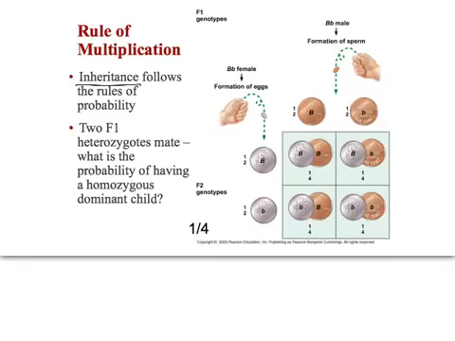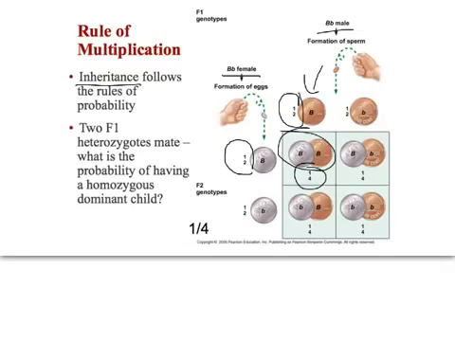If I have two parents and they're both heterozygous, so a heterozygous female and a heterozygous male, there is a 1/2 chance that the male will donate a big B, and there is a 1/2 chance that the female will donate a big B. And because what the male donates is not affected by what the female donates, they're independent events, I can multiply them together and get a 1/4 chance of the offspring being capital B, capital B.